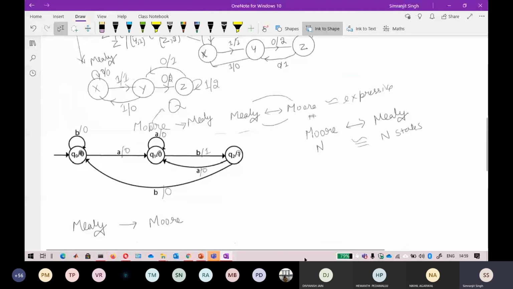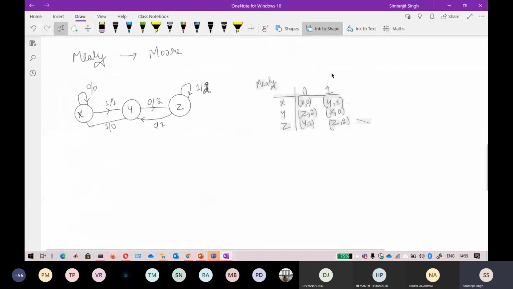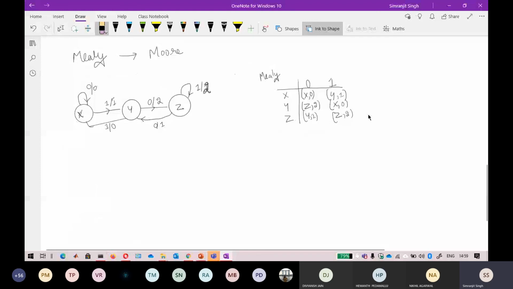This is the relative transition according to this Mealy machine. On X it is going towards X and outputting 0.